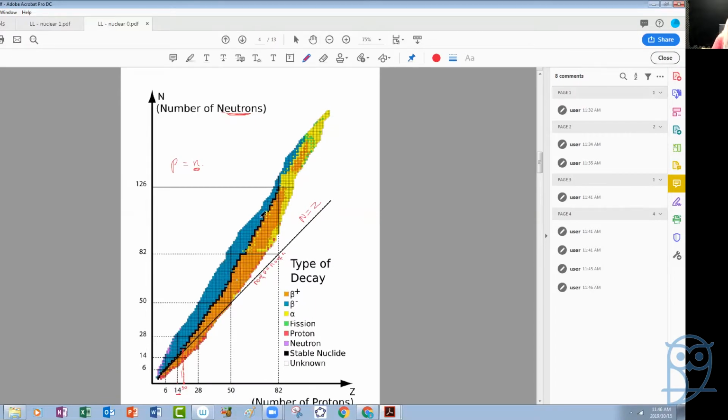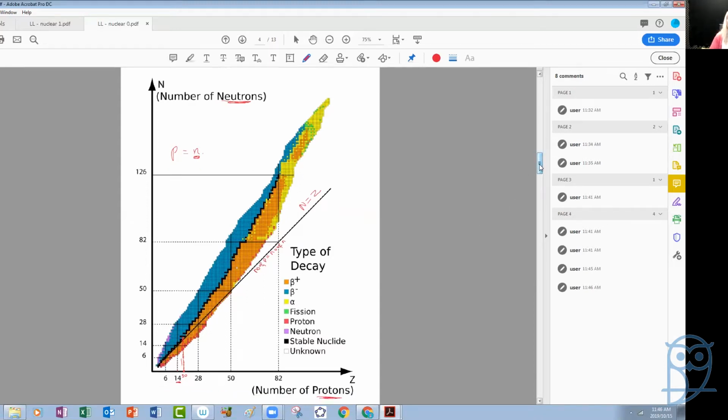And if you look, these black isotopes, the stable isotopes, last up to there and then they disappear, which means above this line, which is 82, there are no more stable isotopes. In other words, for elements with atomic number above 83, which is bismuth in the periodic table, bismuth has an atomic number of 83.